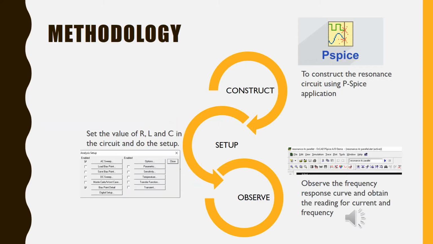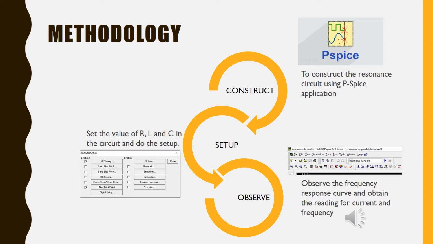For methodology here, we have 3 parts: to construct, to set up, and to observe. To construct the circuit, we use the PSpice application, and for setup, the students need to set the value of R, resistor, L, inductor, C, capacitor, and the value of the voltage source, which is V sign.